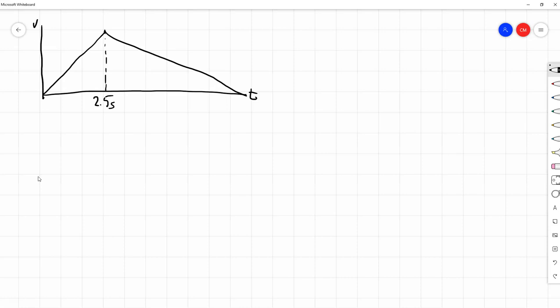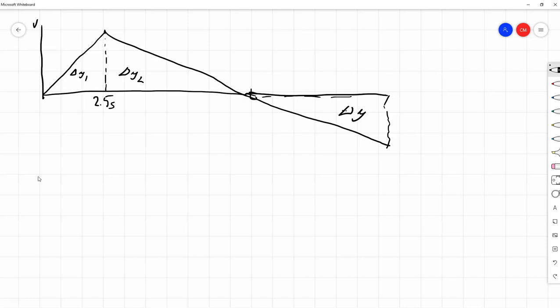It's at the maximum height, because here is delta y1, and here is delta y2. Then when it comes back down, it will increase its speed until it makes impact with the ground. At this time, this delta y right here must be equal to this delta y right there, isn't it?